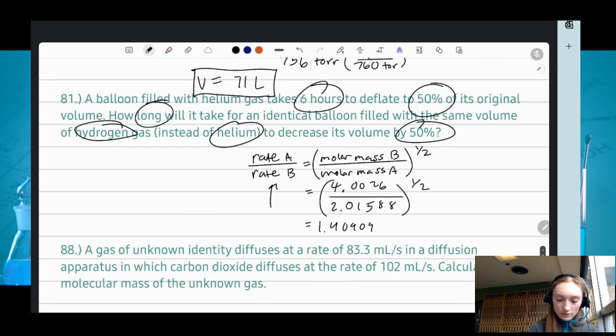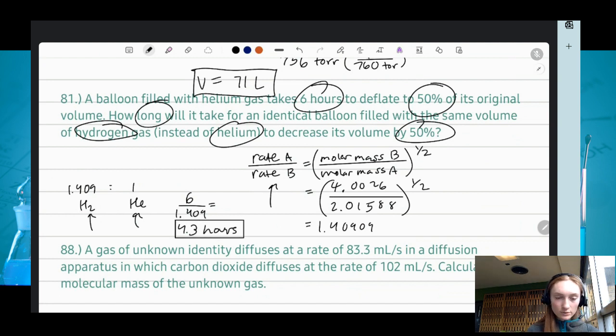And so for every 1.409 of H2, we will get 1 of helium, because rate A, we are saying, was hydrogen. And so because this is the rate relative to each other, if helium took 6 hours, then for the hydrogen it is going to be 6 divided by its rate, 1.409, which will give us a value of 4.3 hours.